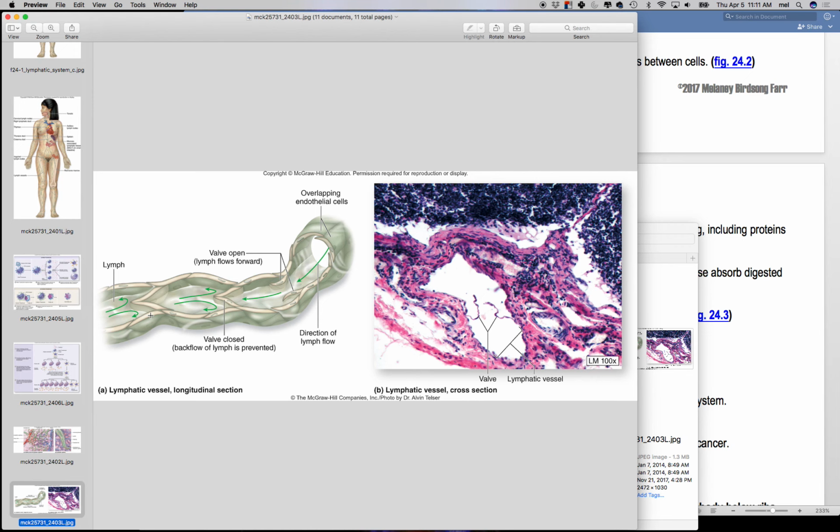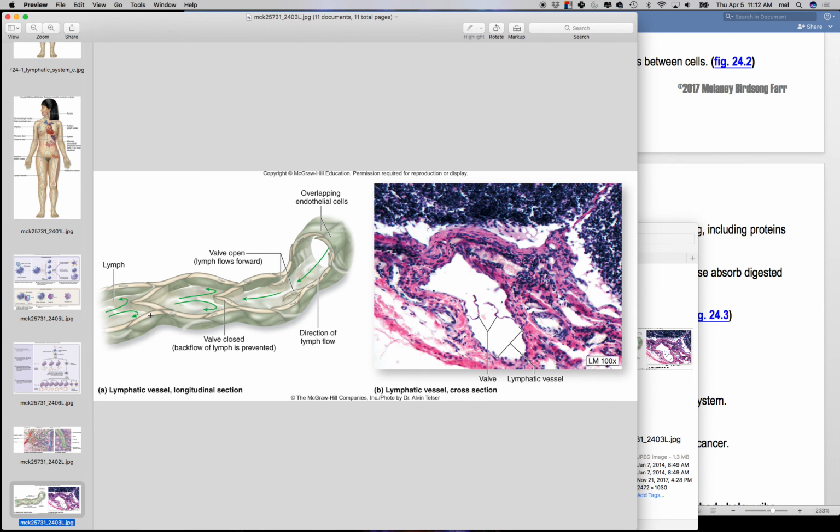So they're really thin-walled, they're really tiny, and they collapse immediately, so you hardly ever see them, and they have valves in them. They don't have a pump associated with them, so how do you think you get fluid to flow through those? Yes, exactly. It's the skeletal muscle pump, and it's the respiratory pump that keeps things moving in them. And they have so many one-way valves that if you find a lymphatic vessel and you run your fingers along it, it feels like a string of beads. It's like all the way up.